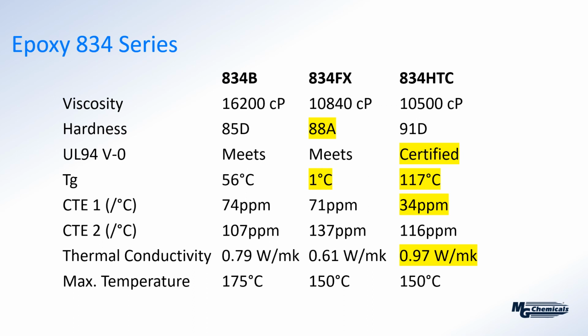So again, very ideal if you have aggressive thermal cycling or delicate components. You may want to consider the 834FX if flame retardancy or thermal conductivity is needed. And then finally we have the 834 HTC, and this is certified as meeting the UL 94 V0 standard. Good conductivity as well at about 1 watt per meter Kelvin.